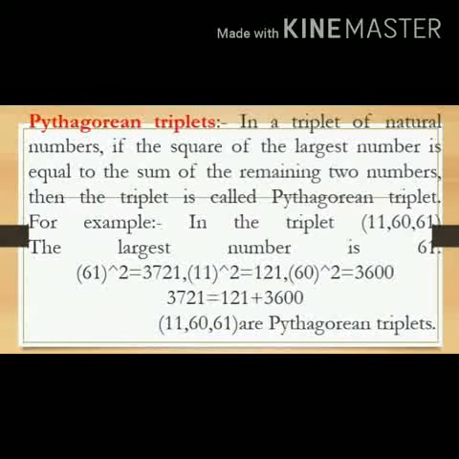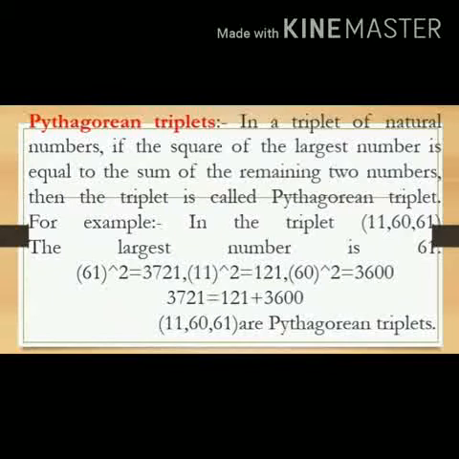From this we can write 3721 is equal to 121 plus 3600. It means 61² = 11² + 60². From this we can conclude that 11, 60 and 61 is a Pythagorean triplet. There are a number of Pythagorean triplets.